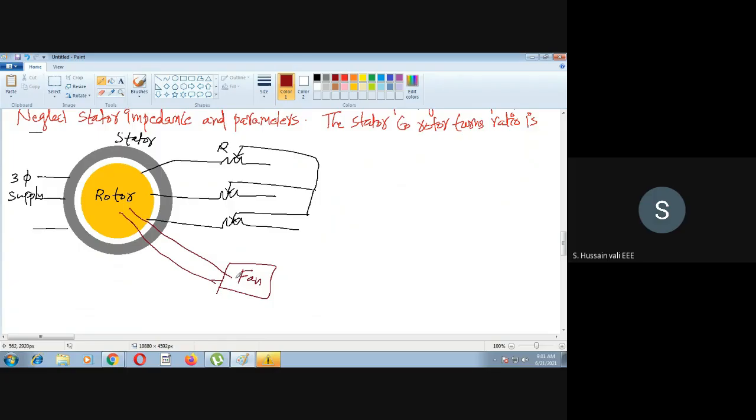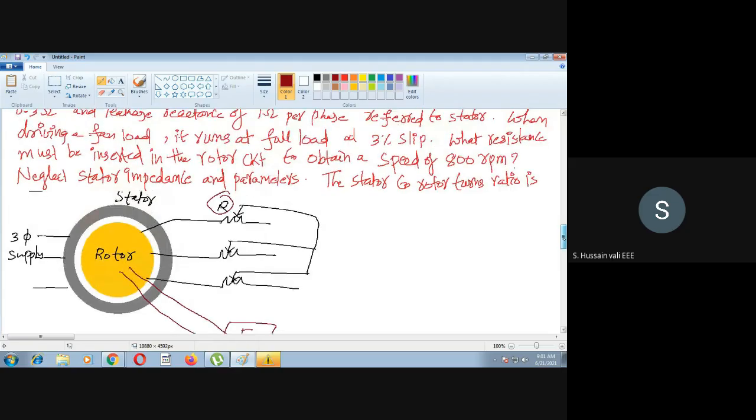Now he asks what resistance R should be in the rotor circuit, here is R, so that the fan runs at 800 rpm. That is the question. So you have to make this run at 800 rpm. What resistance will you add here?